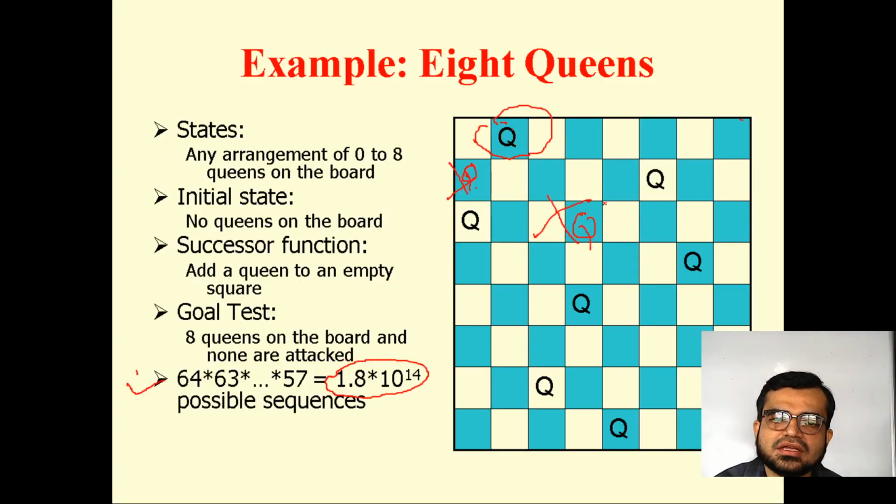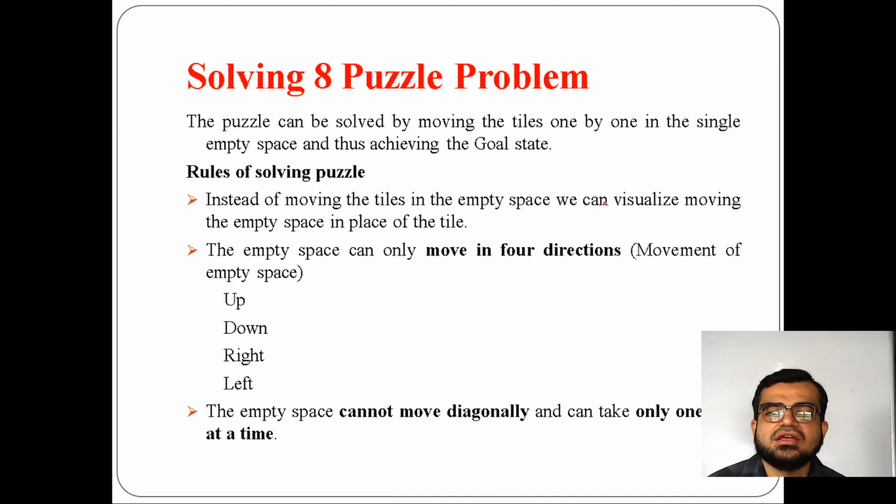First we need to understand the rules of the puzzle, how to solve the 8 puzzle problem. The puzzle can be solved by moving the tiles one by one. That means one tile should be a single empty tile and the other tile should be an integer tile. Then only you can perform the sliding between both of them, so that you achieve the goal state.